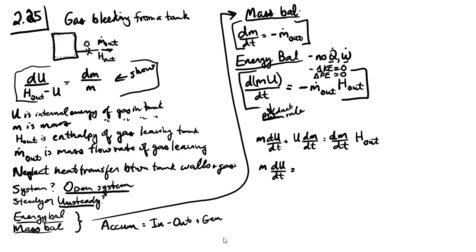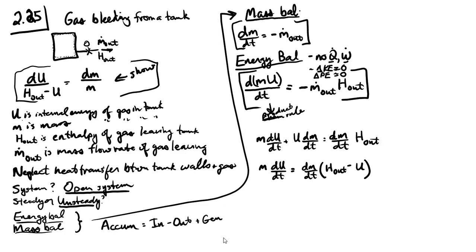And so we're left with dm/dt times h out minus u. So we've moved this over to that side and factored out the dm/dt.